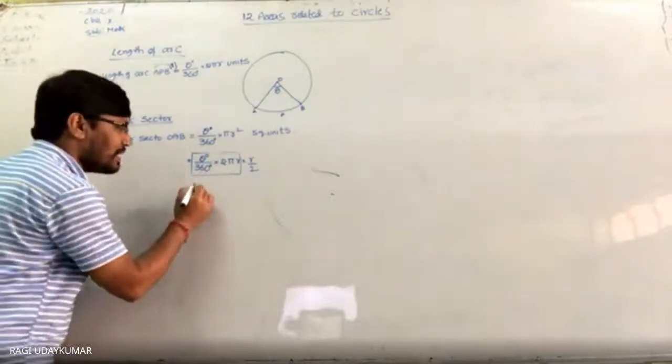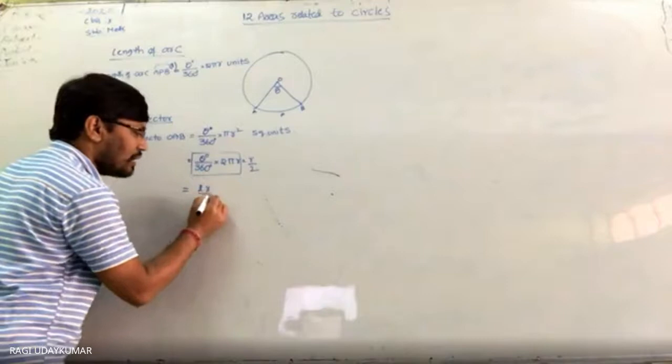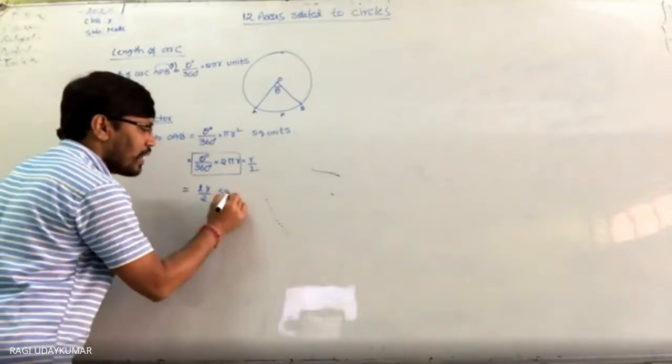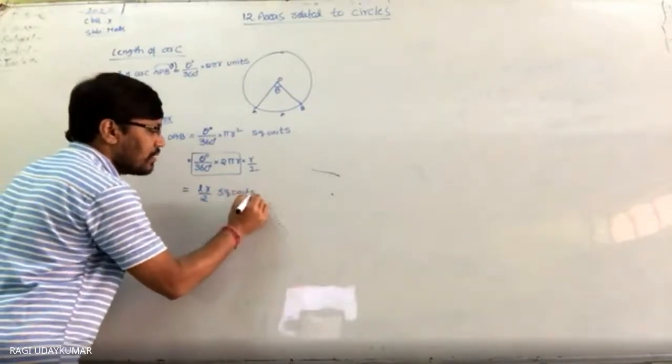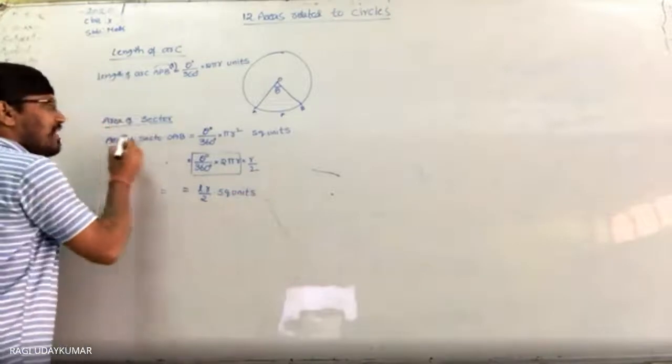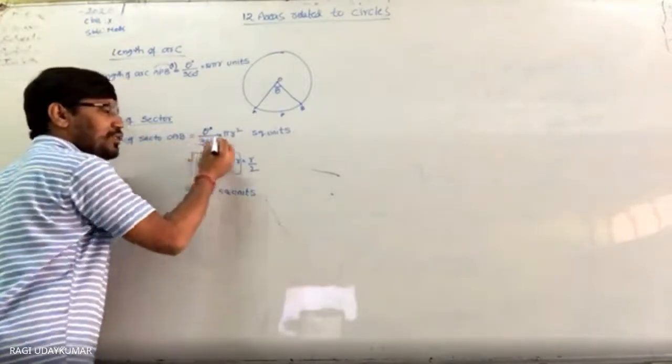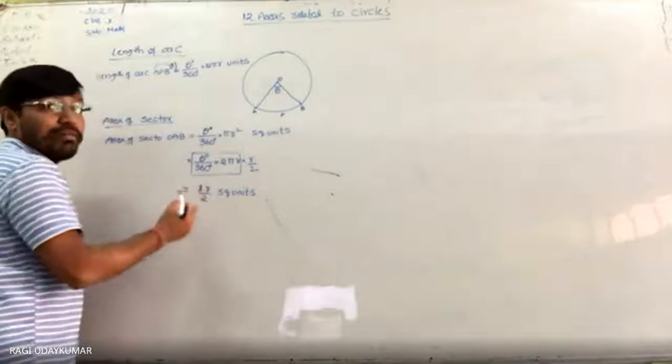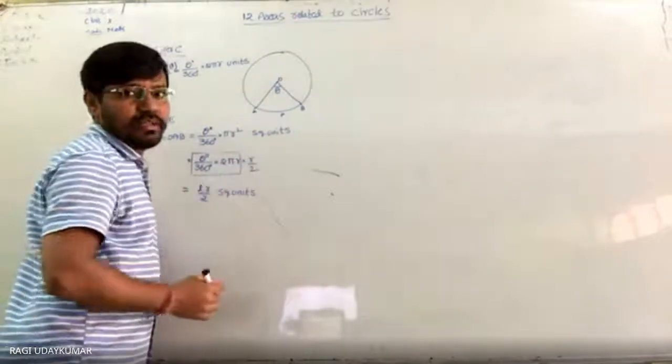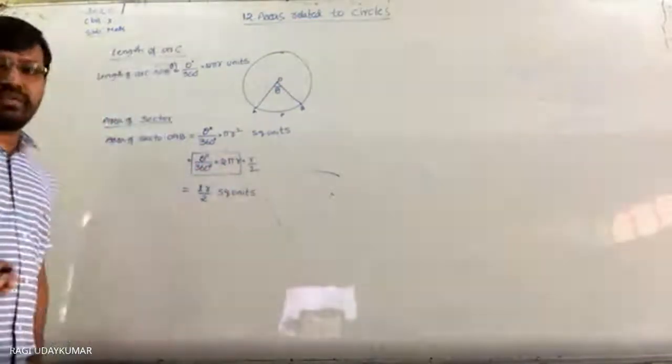So you can write L into r by 2 square units. So the area of the sector formula is theta by 360 into pi r square, or L r by 2 square units. Don't get confused, it is very simple.